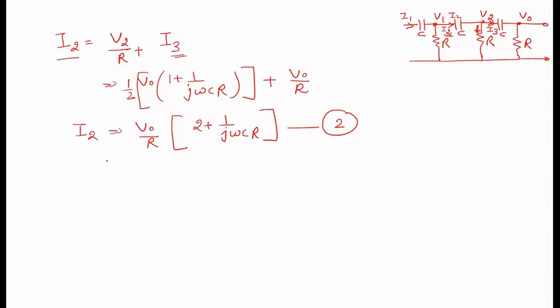So if we have to find V1, we can apply the KVL at node V1.